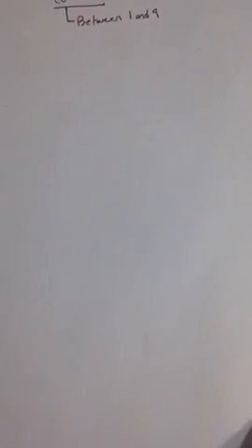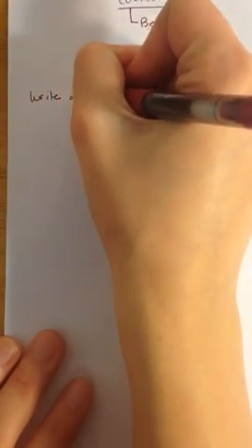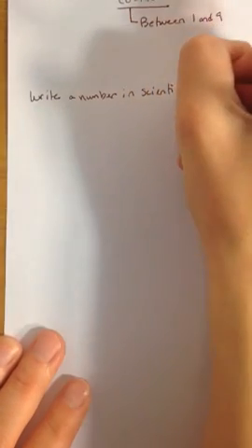Okay. So now we're going to go through some examples of writing numbers in scientific notation. Let's flip back to this page here. So I want to write a number in scientific notation.